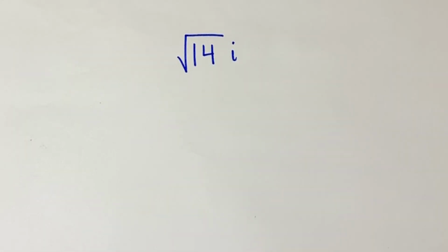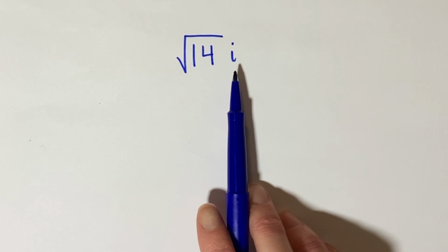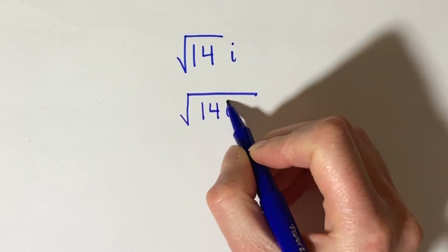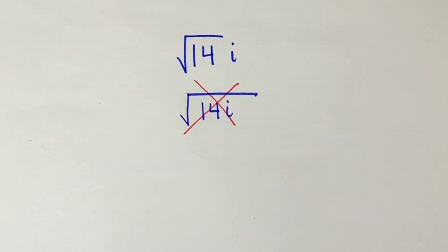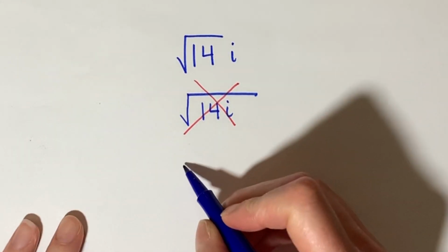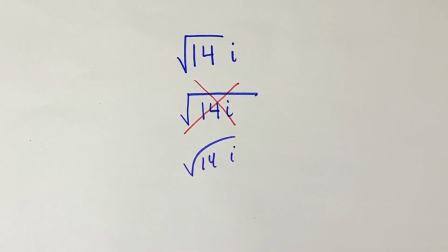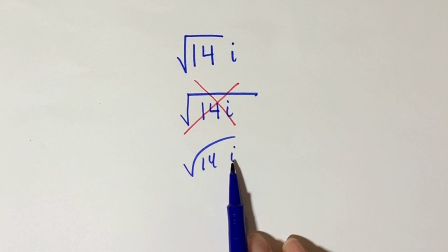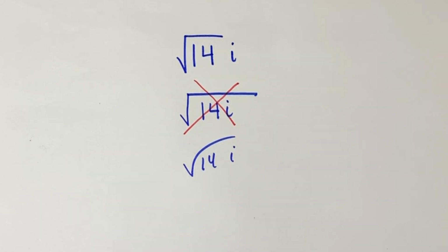Now be very careful. In the problems that you will see, i should never be underneath the radical. A very common student mistake is to write their final answer like this. i should never be underneath the radical. Because of this, and because sometimes students get sloppy and they'll be writing their final answer real quickly like this, and it'll be hard to tell if they accidentally put i underneath the radical or if they intended for i to be outside of the radical.